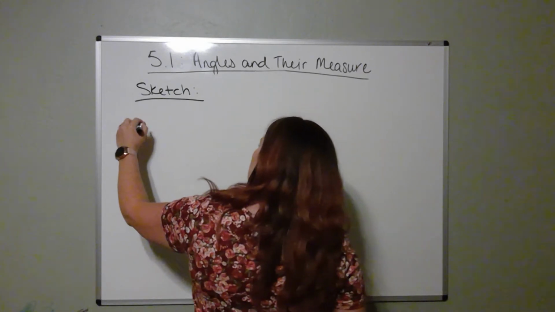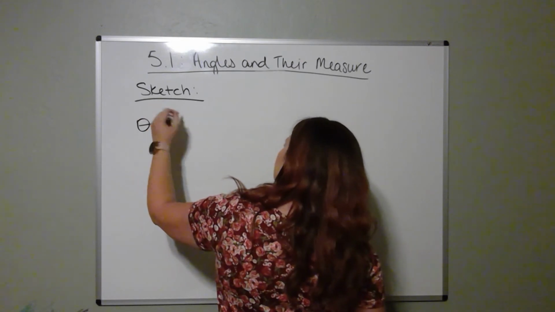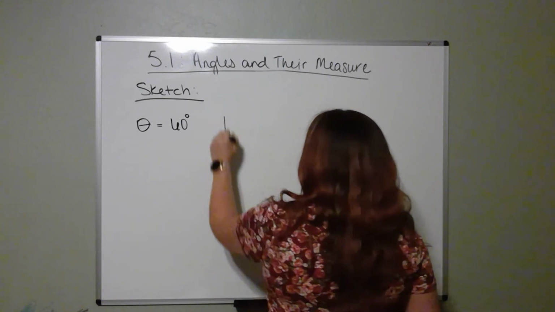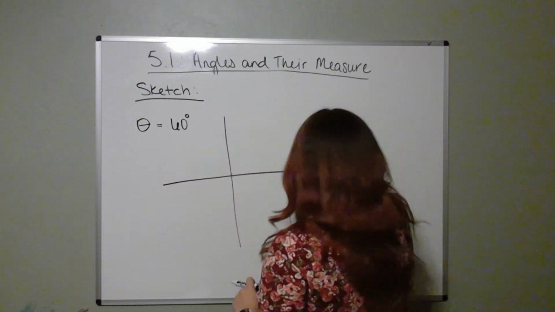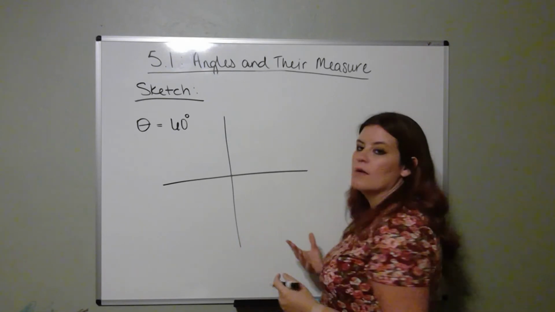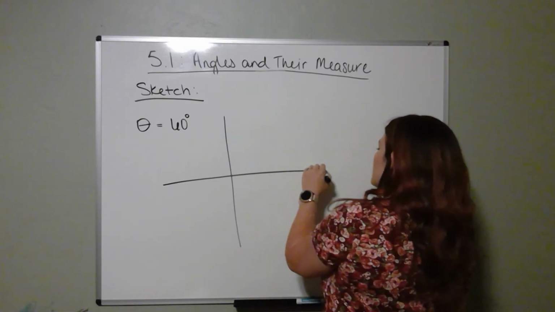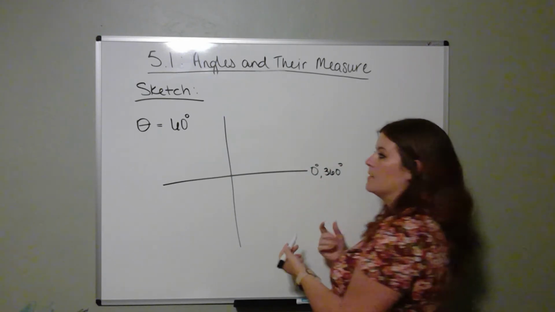So let's start with a degree. Let's sketch theta equals 60 degrees. We'll start kind of easy. Let's think about our landmark angles for degrees. We would start at 0. If it was all the way around, I know it would be 360.